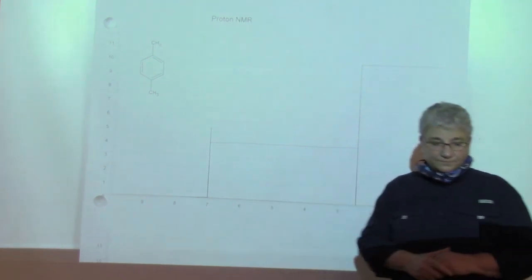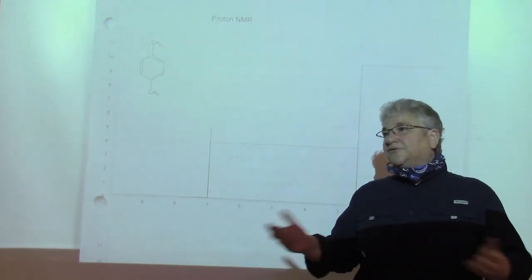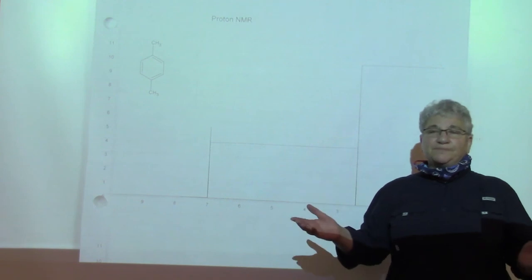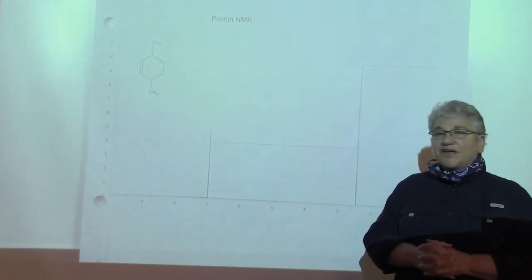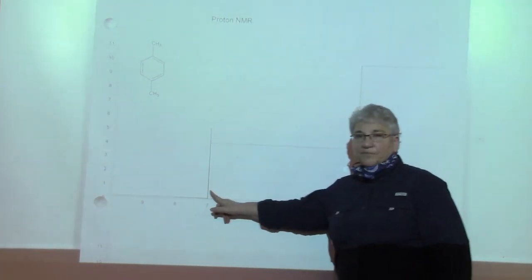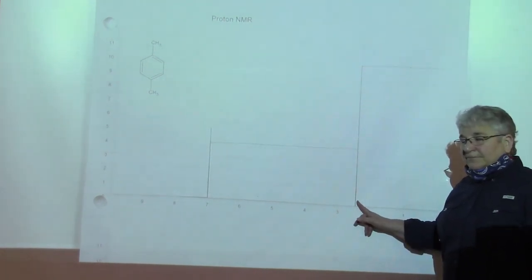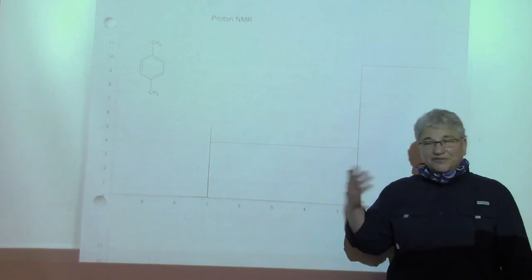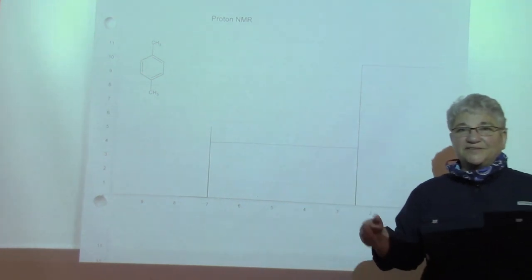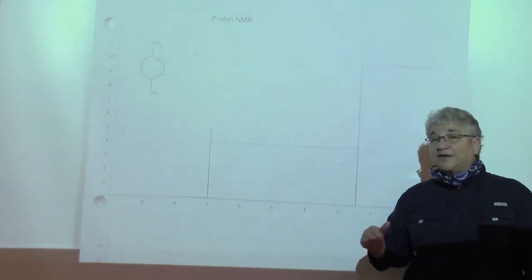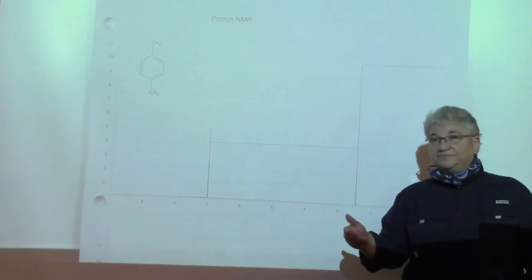Okay? Also, you shouldn't, but if you ever get a ratio of 1 to 1.5, you have to use your chemistry spidey senses and recognize that you can't have half a hydrogen.